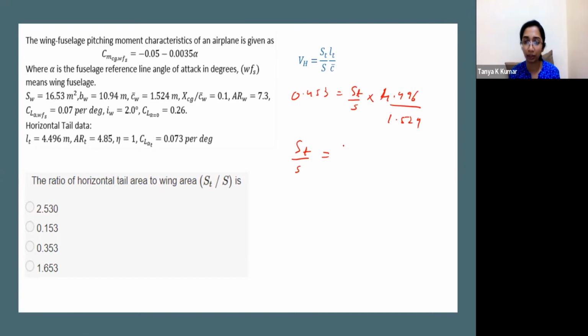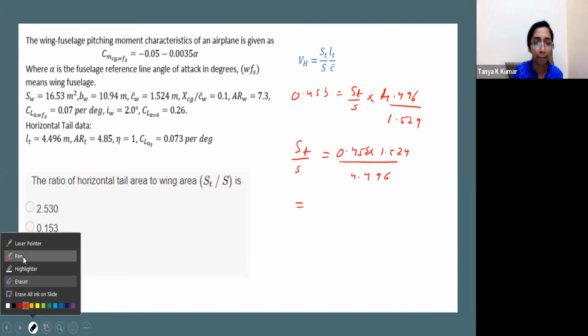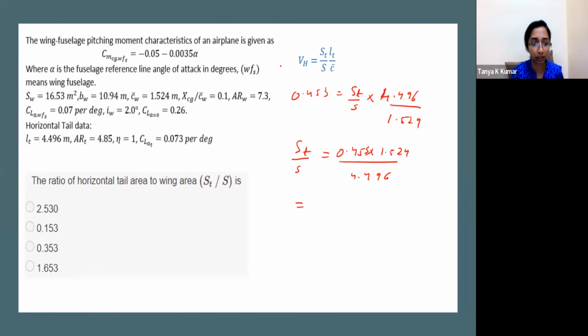ST upon S is 0.453 into 1.524 by 4.496. It comes to 0.153. Okay.